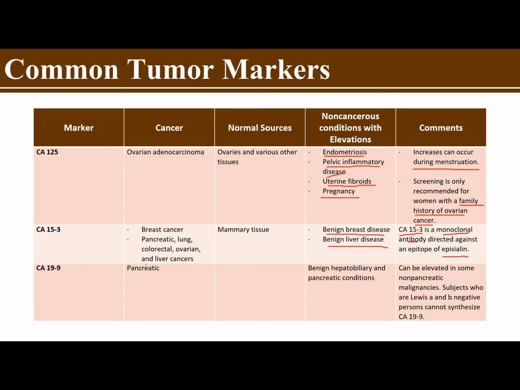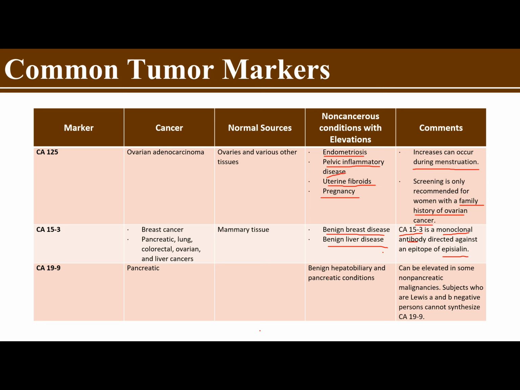Then we have your CA19-9. This is specific, class, for the so-called pancreatic cancer. Normal sources, non-cancerous conditions elevated in benign hepatobiliary and pancreatic conditions.